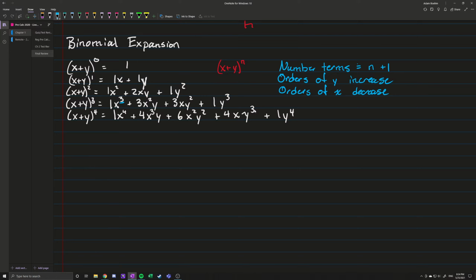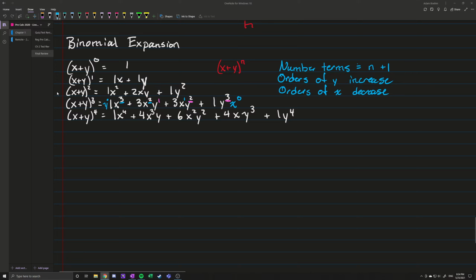We start at 3, and then we're taking 1 off each time. You could also say there's an x to the 0 here. And then the same thing for y: we are increasing each time, and we're also starting with a y to the 0. So we should get that. That's FOILing in a nutshell.